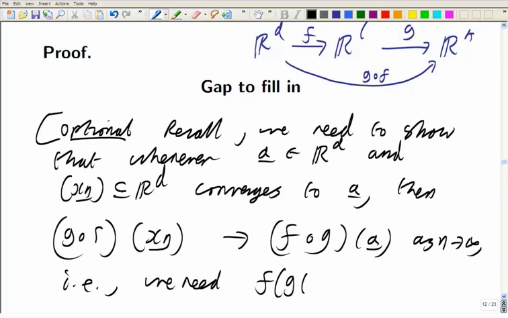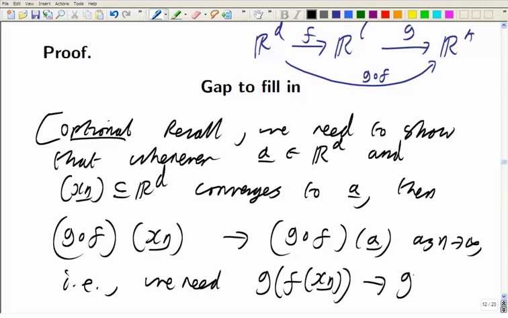In this one, it's g composed with f. That's g of f of x_n. That's a sequence of values, and it should tend to g of f of a as n tends to infinity.